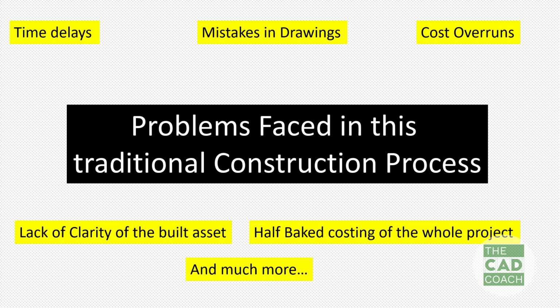When you do not understand what is going to be built, how it is going to be built, and what all is going to be there, we can never estimate the actual cost. So that is the whole traditional construction process.